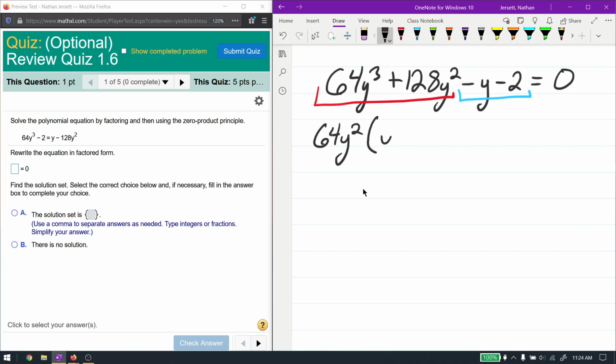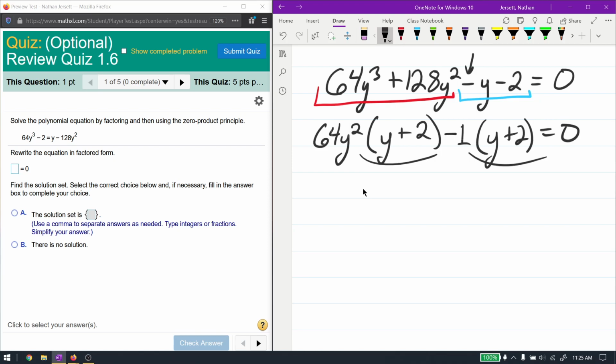And that will leave me with y plus, and then 128 divided by 64 is 2. And then, of course, I took out the y squared with that. The next two terms, because this is a negative, I'm going to take out a negative, and then the most I can take out is -1. So I'm going to write -1. That leaves me with a y plus 2. And these two things in parentheses are the same, so I've done it correctly.